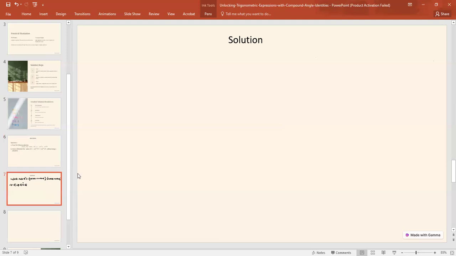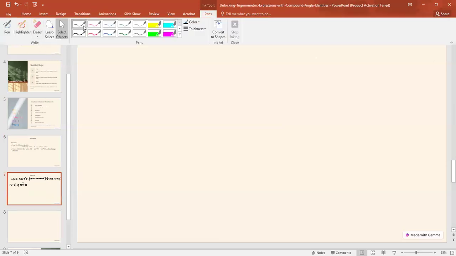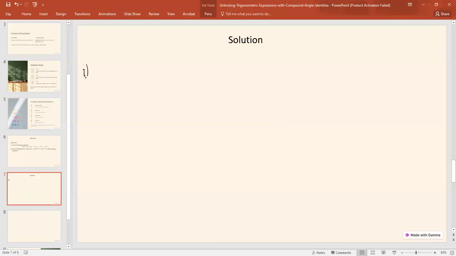We are going to use the steps that we've mentioned so far. So our initial expression is the following. This is the first step. Consider the initial expression, which is our left-hand side. So we're going to have cosine of A plus B times cosine of A minus B. We all know this compound angle identity.